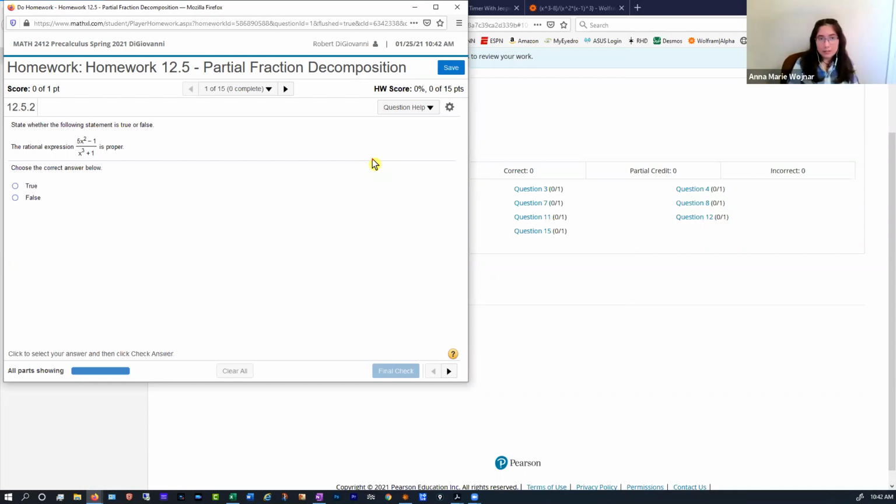Good. I do not want you all to get stressed out about, hey, the computer is counting it wrong, but I feel like I'm doing it right. This is all about the procedure and the process. The homework grades are not that important to me. If you're getting hundreds on your tests, but your homework scores are low because the computer is marking it wrong, don't worry about it.